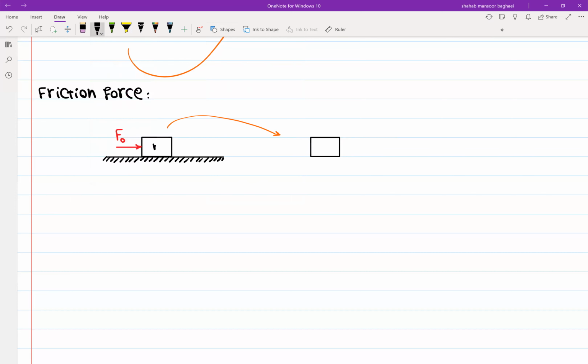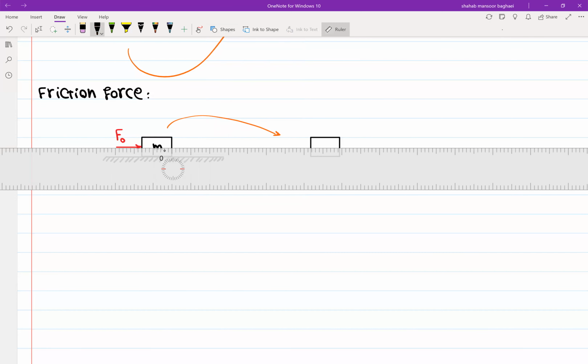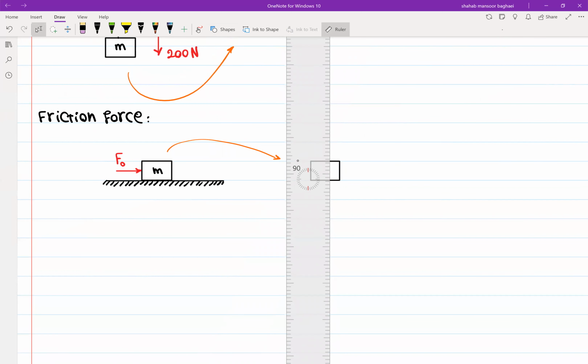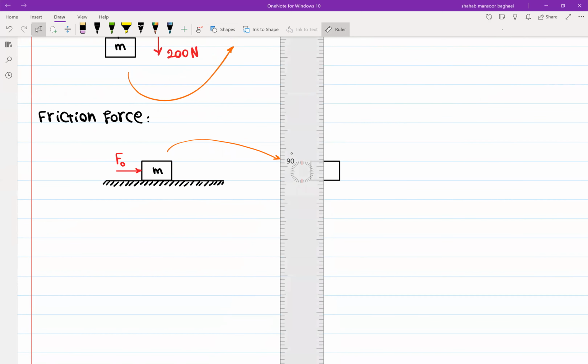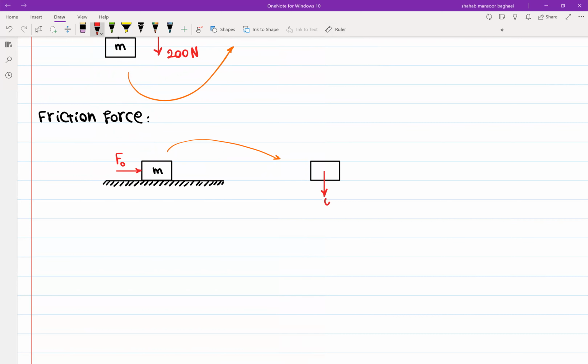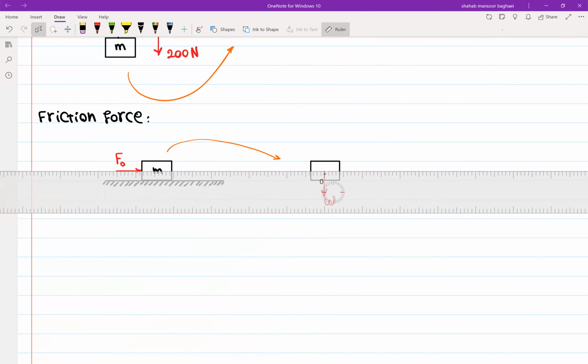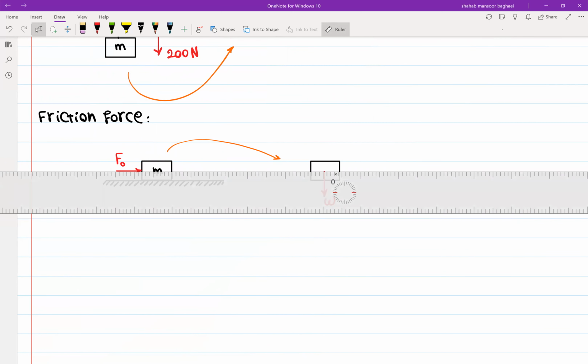So you have mass, it means you have weight force. Downward, W. Second factor is external force to the right, F0.